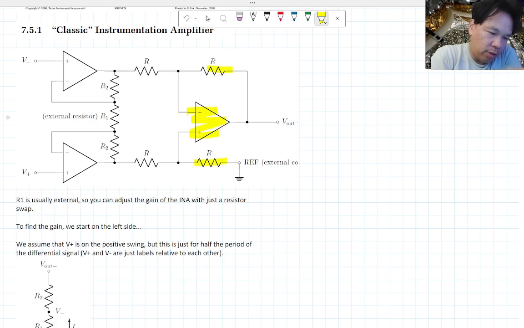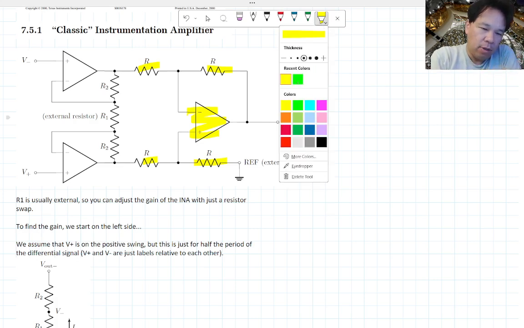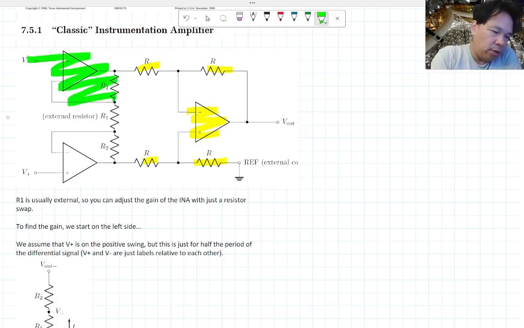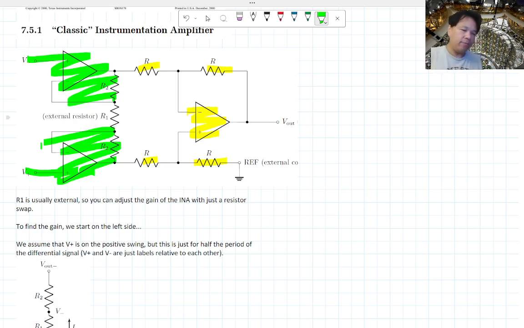These two resistors, in this case, you basically make these R values the same, and we're going to see how that's used along with the left-hand side here, which are two unity gain op amps.